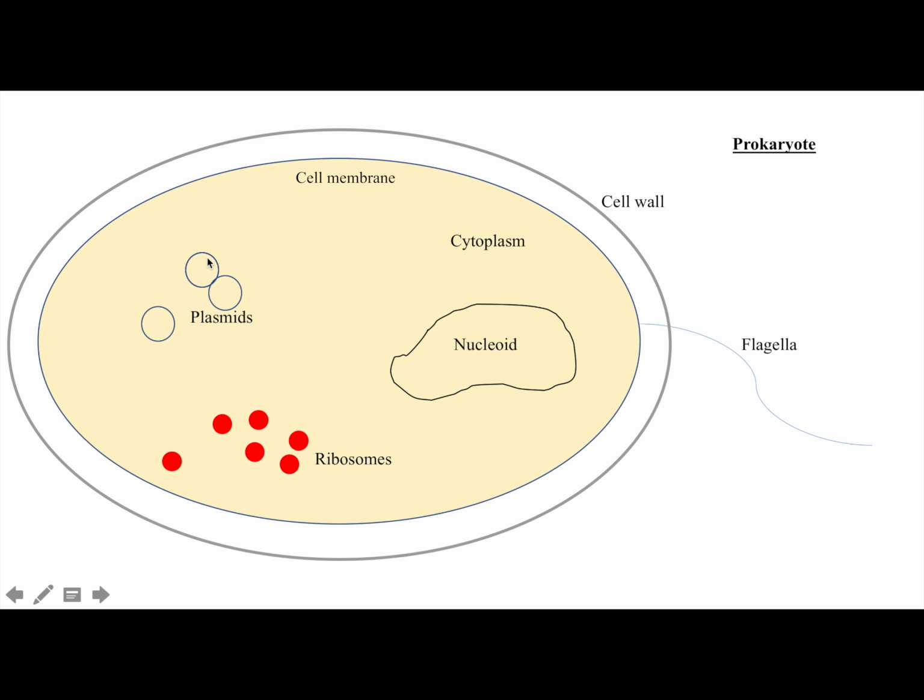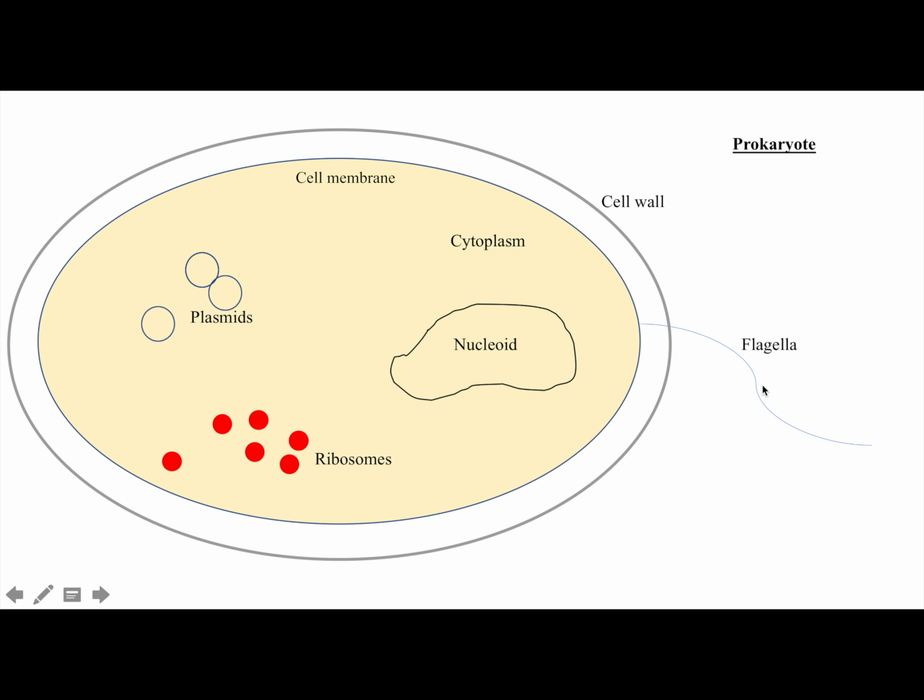And these can spread between bacteria. Essentially, bacteria can join together. This part of the cell membrane can join with the cell membrane of another bacterium, and it can pass along a plasmid. That's how antibiotic resistance quickly spreads through a population.